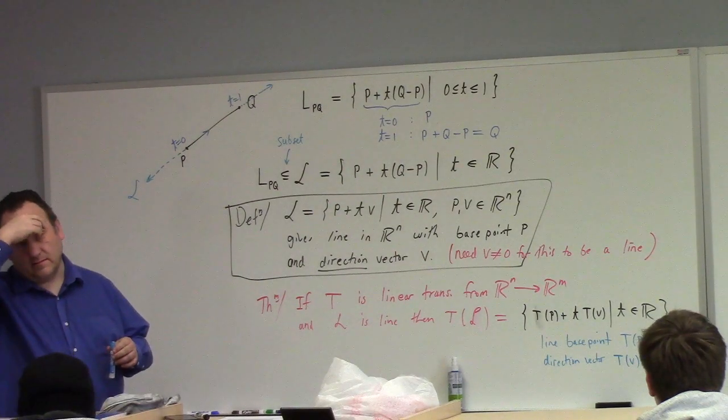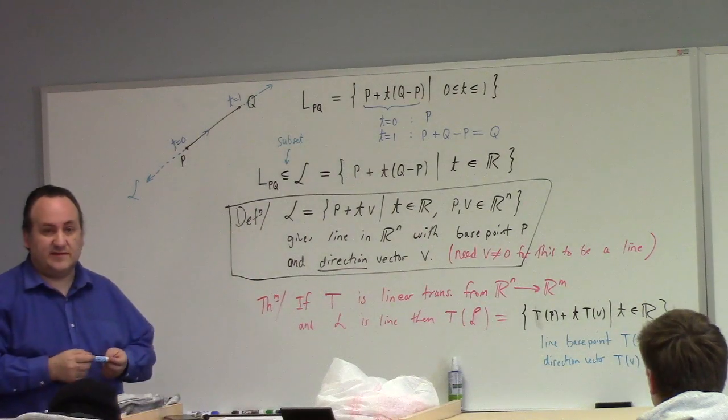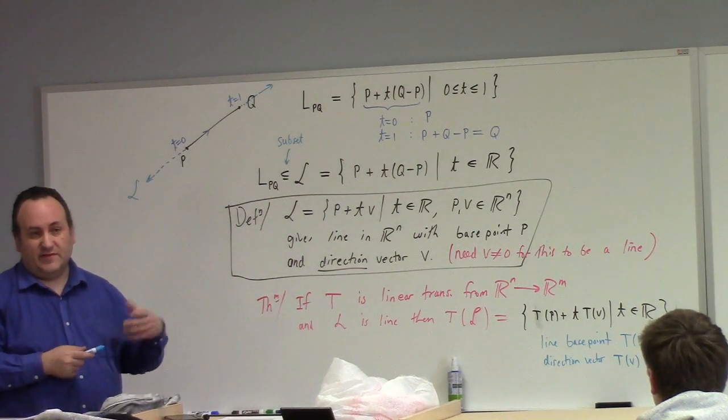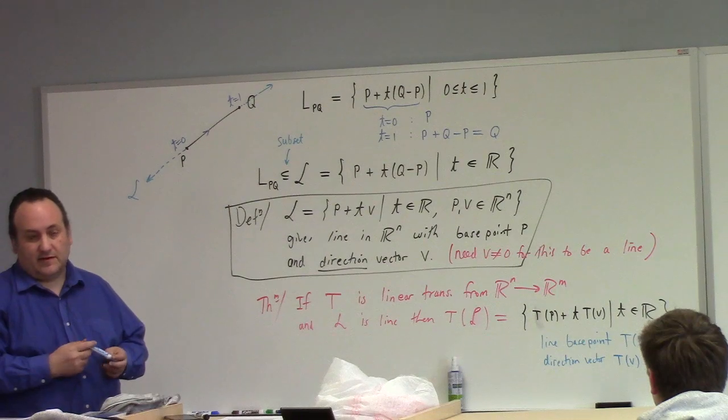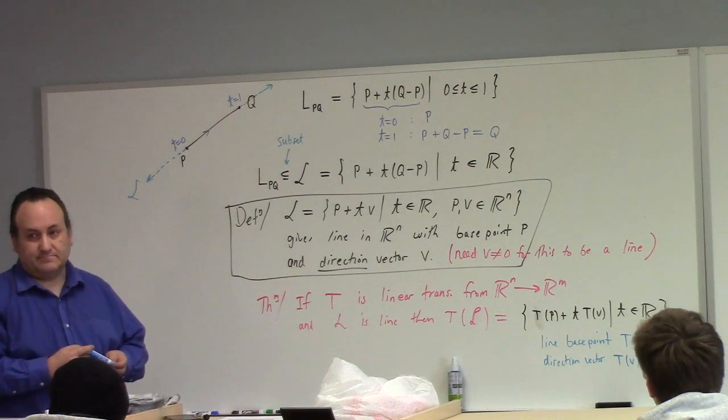So is that a line? Is the image of a line under a linear transformation, again, a line? The answer is maybe.